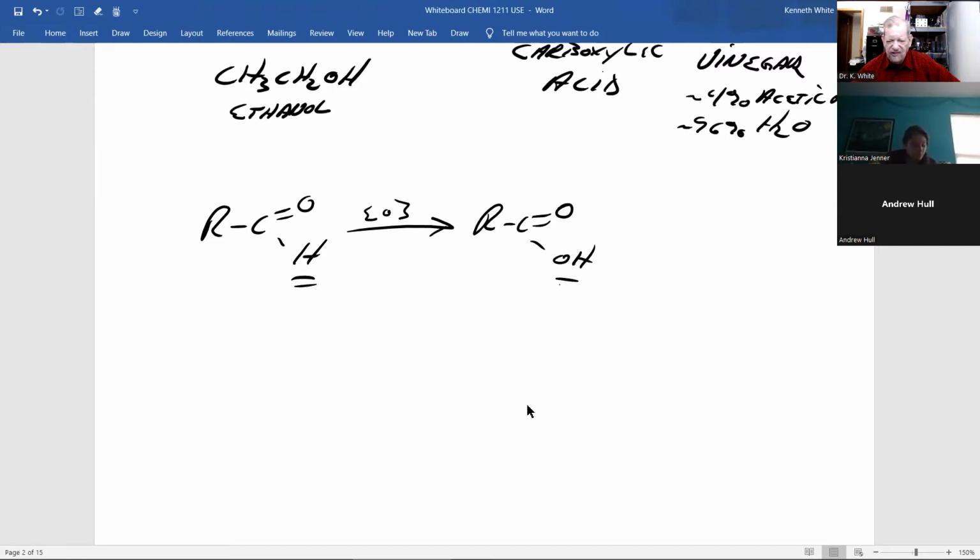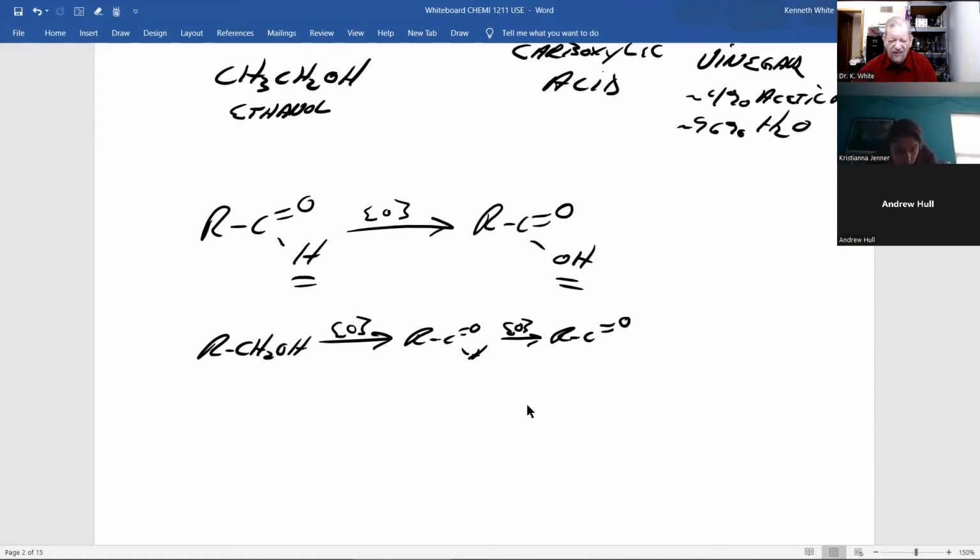This changes to this. Now, what you're not learning in my class, which Dr. White knows because I've done these reactions, the previous reaction, which I showed you, for today's test, you should know this goes to an aldehyde, and this can be further oxidized to a carboxylic acid. This part you don't have to know for today's test.